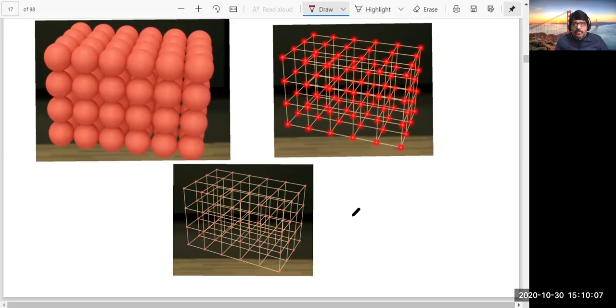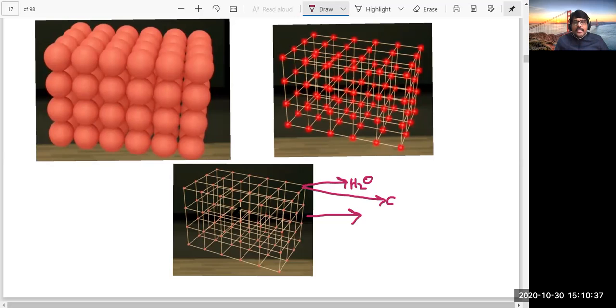If you assume this one as ice, this constituent particle indicates a water molecule. If you assume this one as diamond, then the constituent particle will indicate what? A carbon atom. If this is an ionic solid like NaCl, the constituent particle represents an ion.